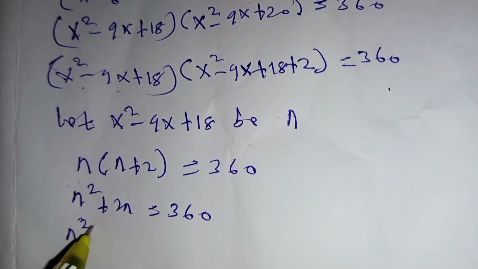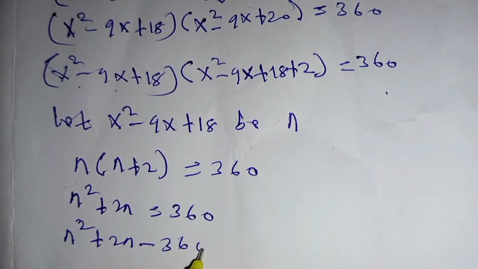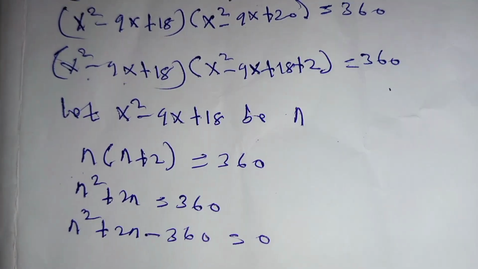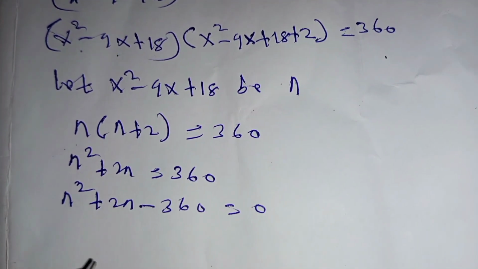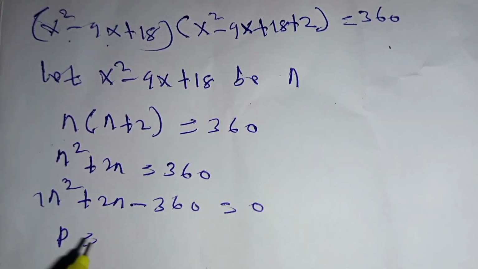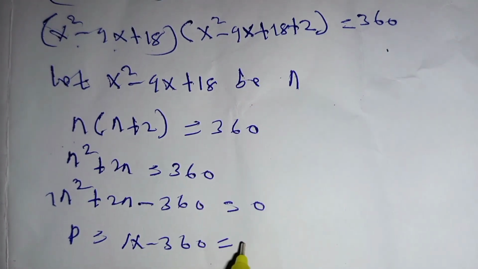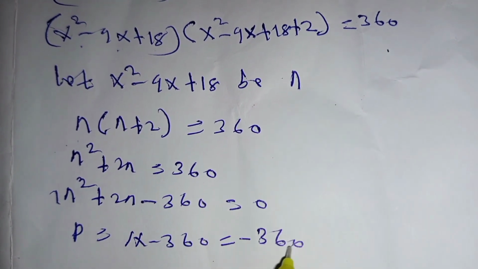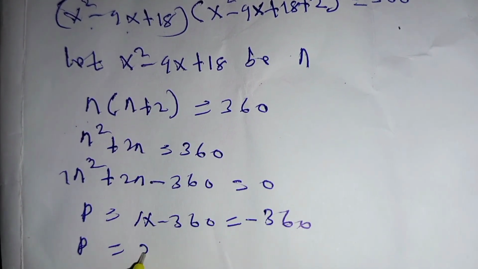We subtract 360 from both sides, so that on the right hand side you shall be left with 0. So this is our quadratic equation. We have the product, 1 multiplied by negative 360, so our product is negative 360, and our sum is equal to 2.